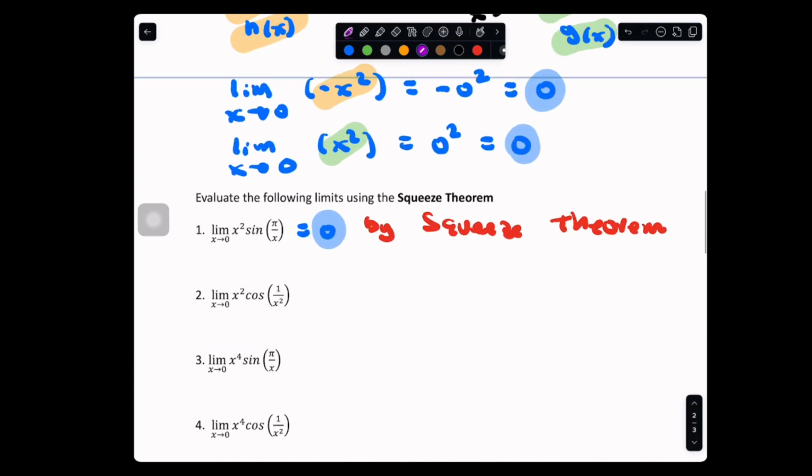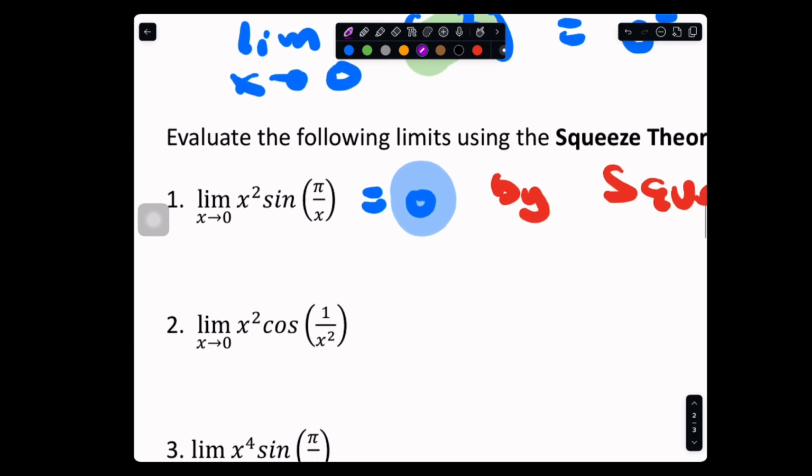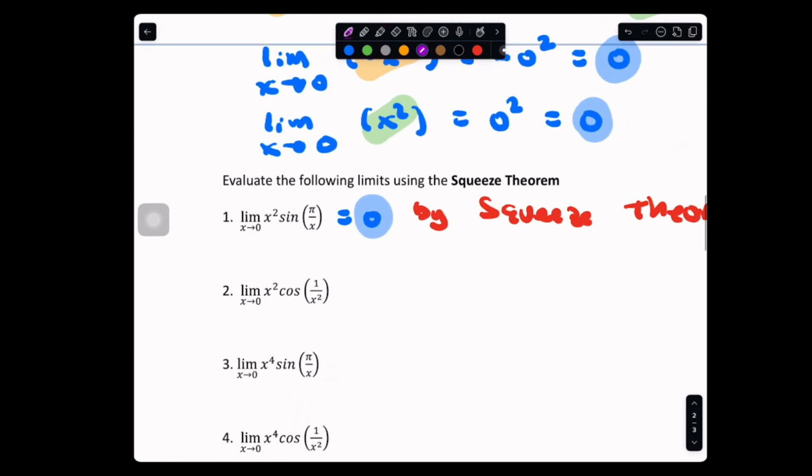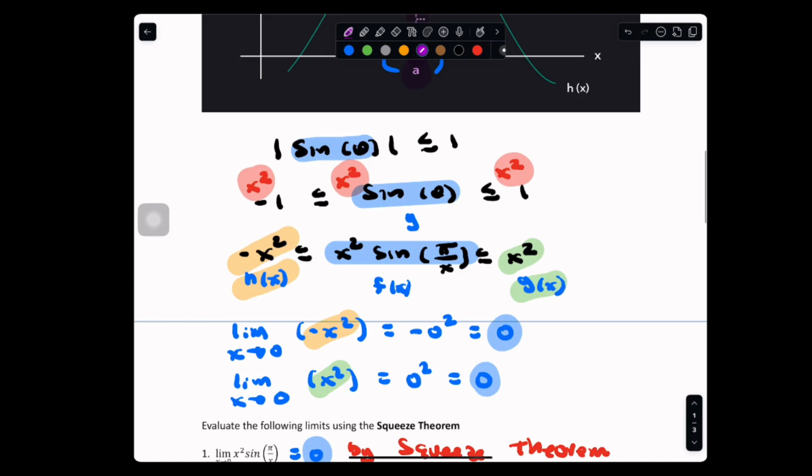And you might say, well, what about x squared cosine of 1 over x squared? Well, that's the same kind of thing. You say, what do you mean? How does that change? Do you guys know how similar sine is to cosine? They're very similar.